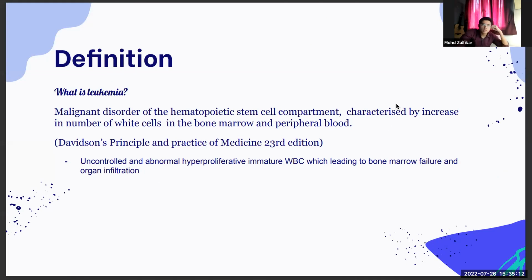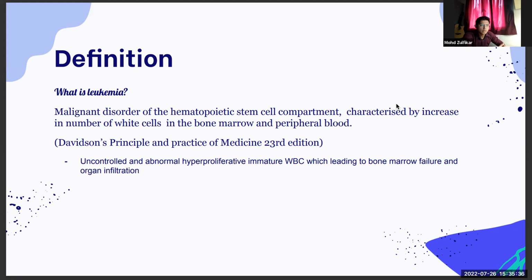Before going further, we must know the definition of leukemia itself. Based on Davidson's Principles and Practice of Medicine, 20th edition, leukemia is defined as a malignant disorder of the hematopoietic stem cell compartment characterized by an increase in the number of white cells in the bone marrow and peripheral blood.